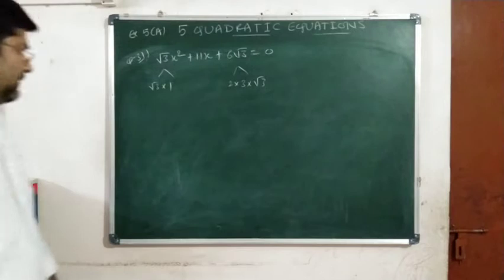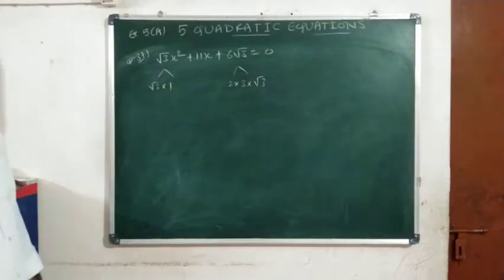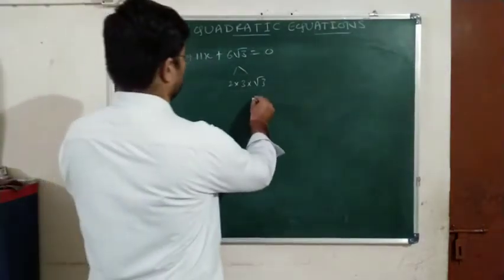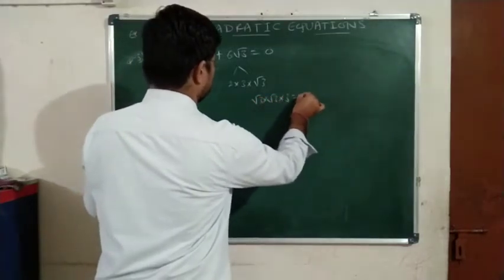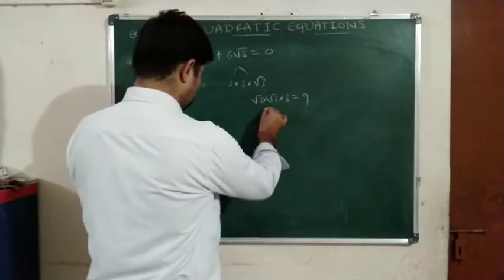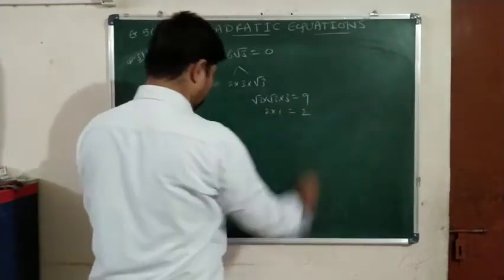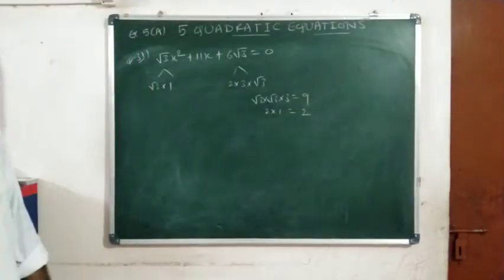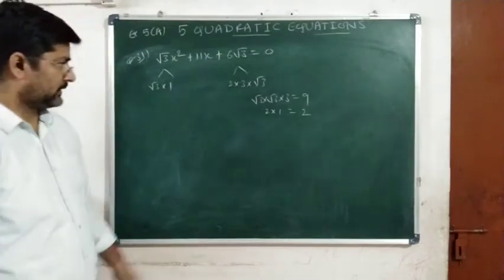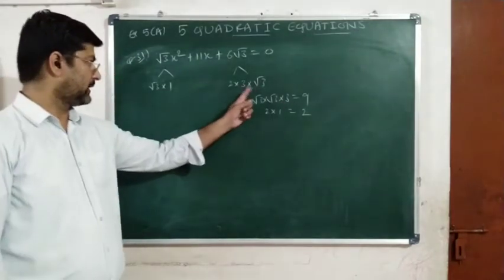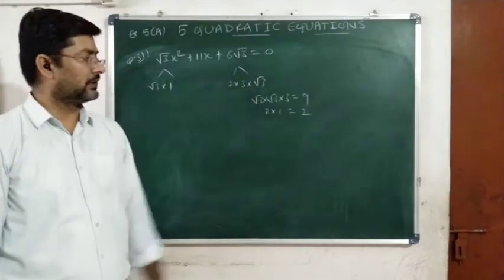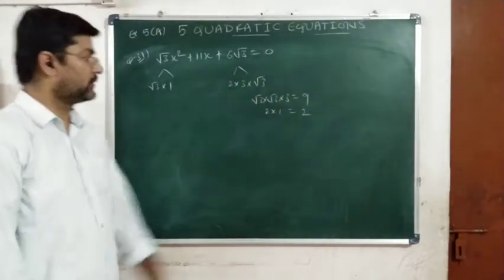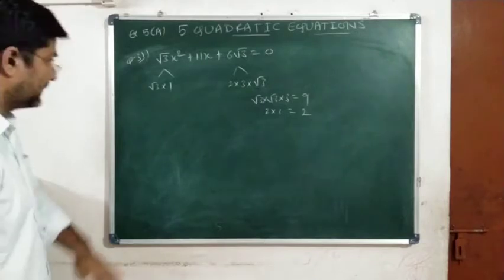We want 11, so root 3 into 3 is equal to 9, and 2 ones are 2. So we have two numbers, yes or no? One is a group of these three numbers, root 3, 3 and root 3. So root 3 into root 3 is 3, 3 3s are 9. And another number is 2 ones are 2. So 9x plus 2x, 11x.